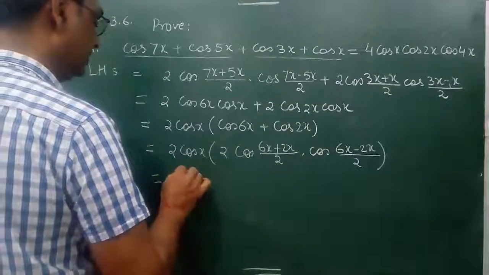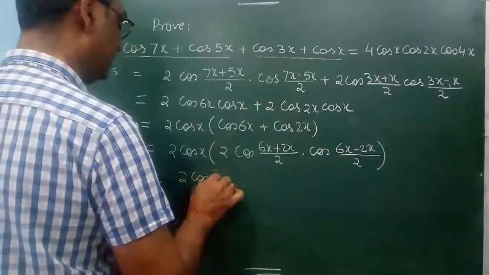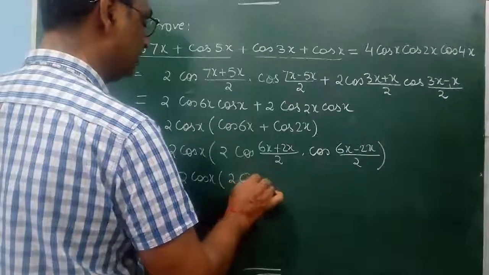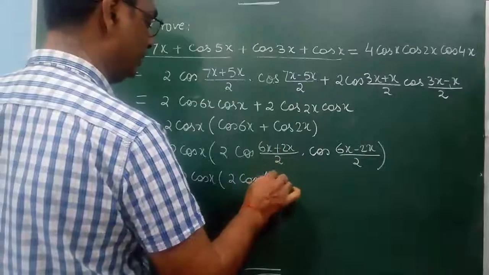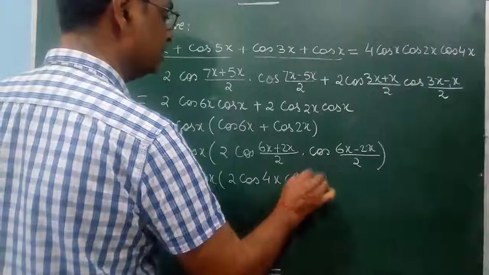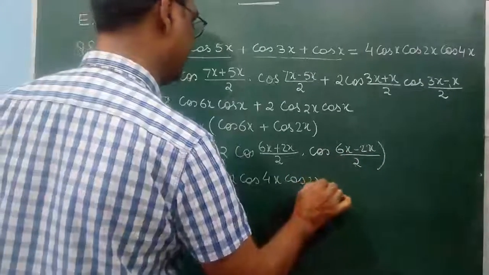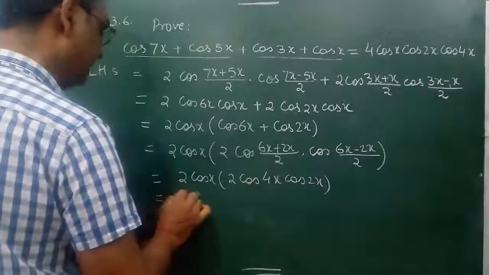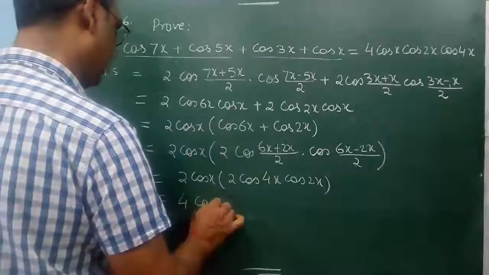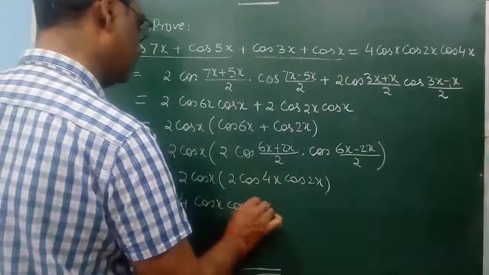And this is 2 cos x into 2 cos 8x by 2, 4x, and cos 4x by 2, 2x. We can rewrite it again: 4 cos x cos 2x cos 4x.